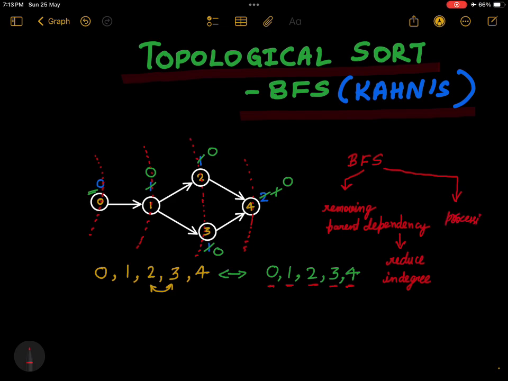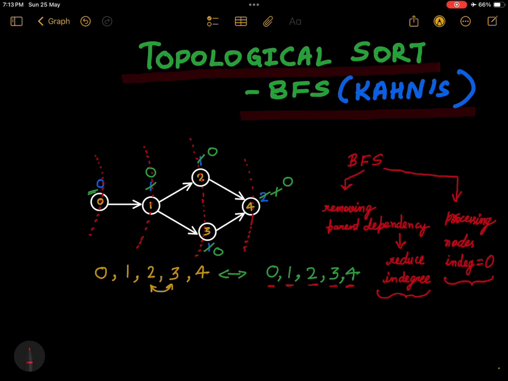And then what next thing we are doing is whichever nodes' in degree became 0, we are gonna process them in the next interval. Okay, because they became independent. And in topo sort, the node which became independent first will be written first. Okay, just remember this thing. And based on these two observations, we want to write our topological sort.